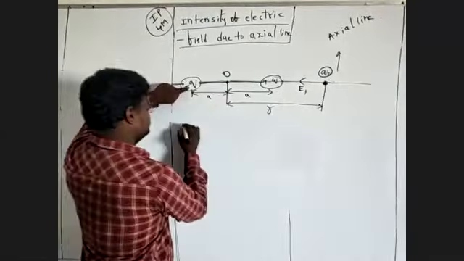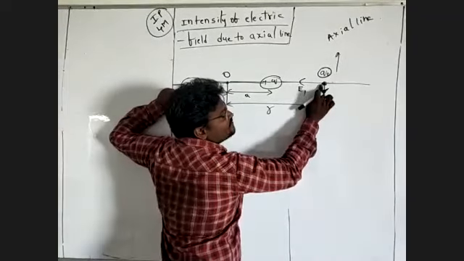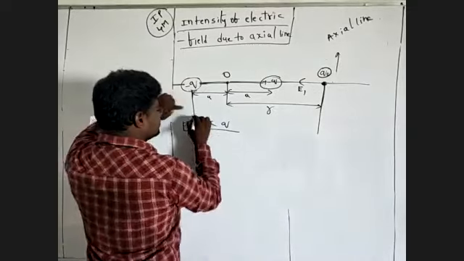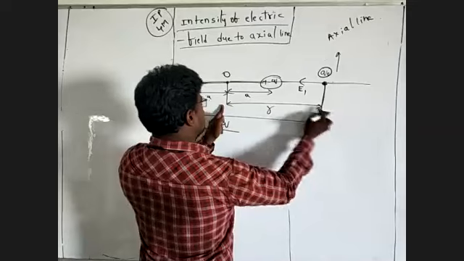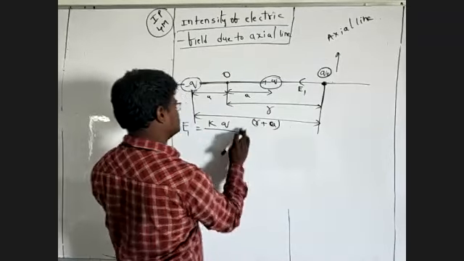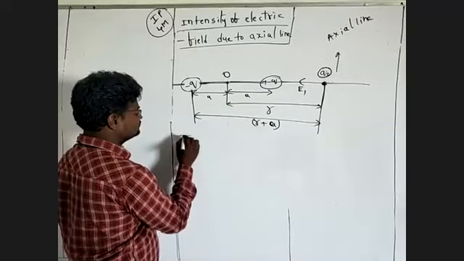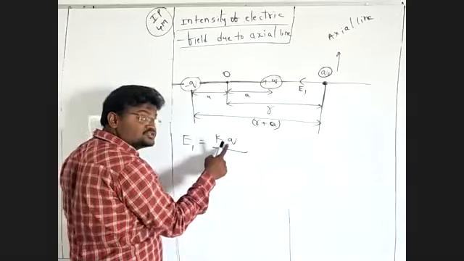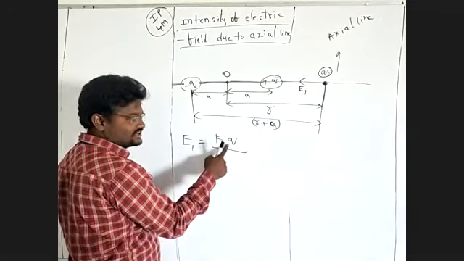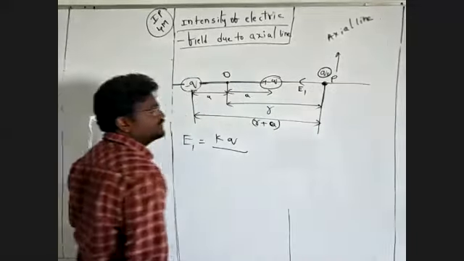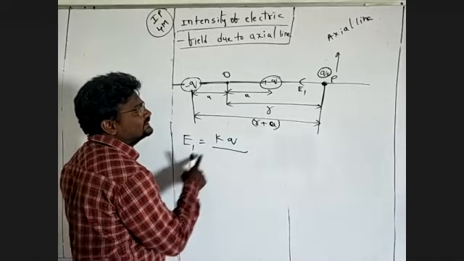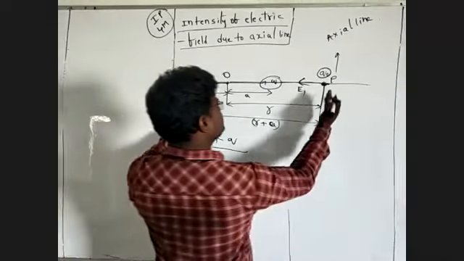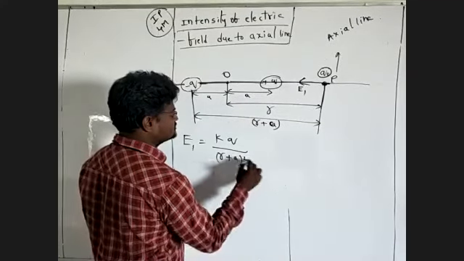At this point, E1 is due to the charge, kQ by the distance squared. The distance from here to here is R plus A. E1 is kQ by (R plus A) whole square, with minus Q taken as positive when calculating the resultant intensity of electric field at point P. The direction of the electric field is towards the negative charge. This is equation number 1.